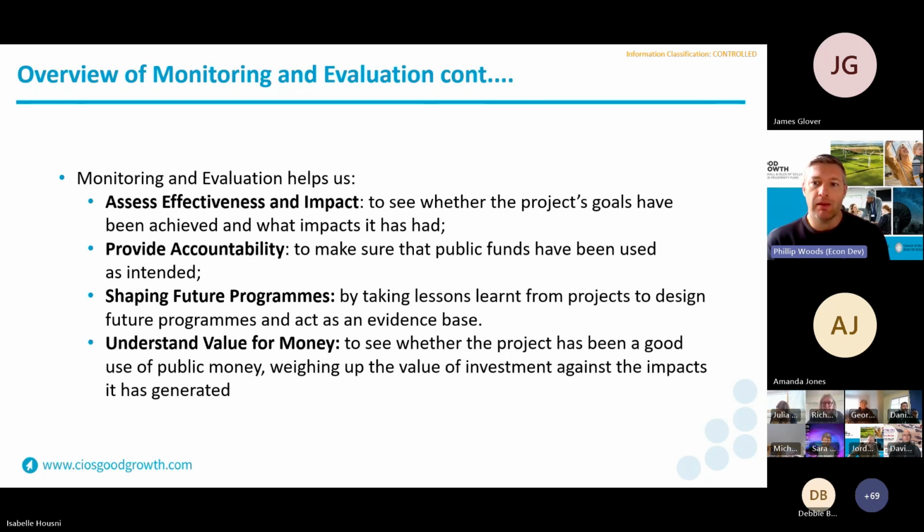That's really important about looking forward to the future. And also to gain a really good understanding of value for money, so weighing up the value of the investment against the impacts of the project. It's really important from a project point of view, from a programme point of view, from a Cornwall and the Isles of Scilly point of view.